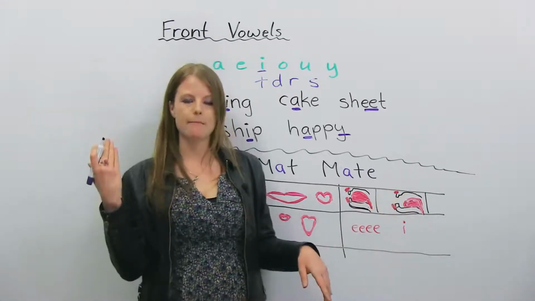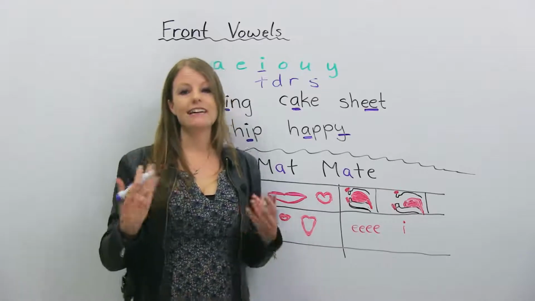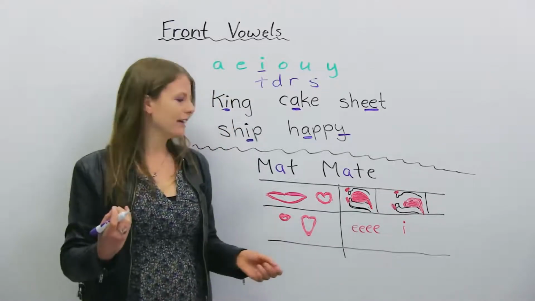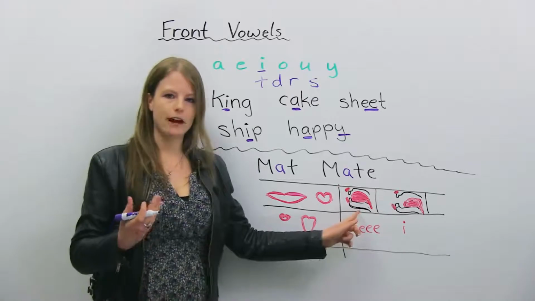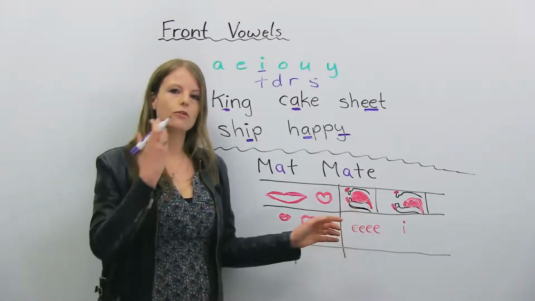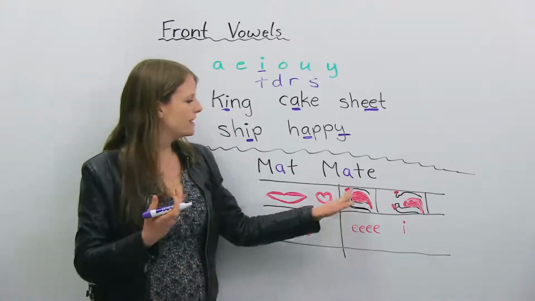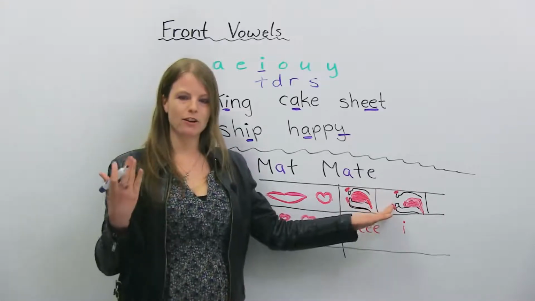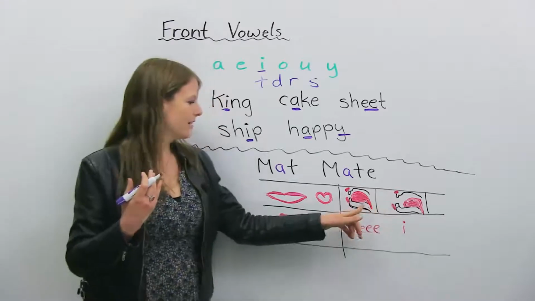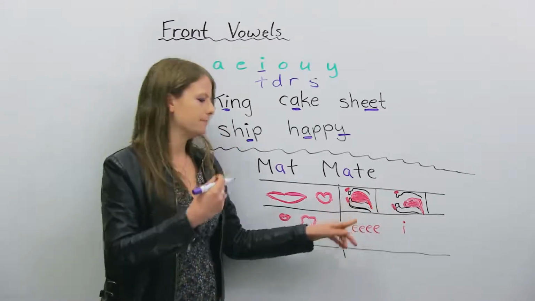Is it more towards the back of your mouth? In today's lesson, we are only going to be looking at front vowels, vowels which are close to the front, where your tongue is close to the front of your mouth, okay? So you need to know where your tongue is. For what we are learning today, your tongue is going to be close to the front of your mouth.